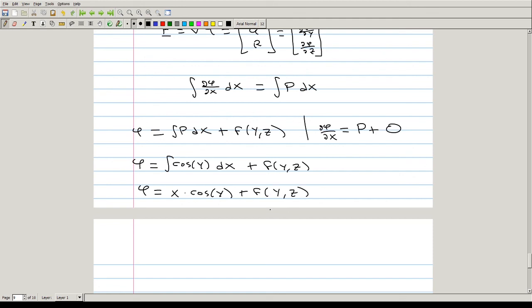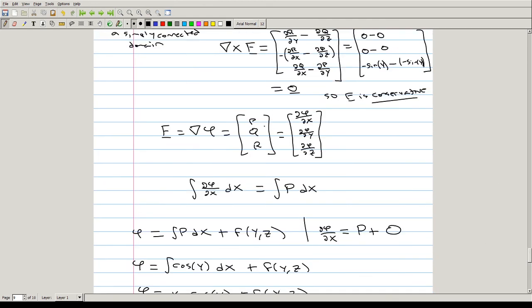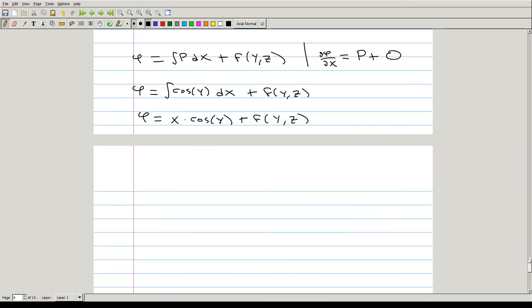So this is really the first step, now that we've verified what we need to know, in satisfying the first component of this equality right here. We still don't know what f is. We have to go through and solve for f.